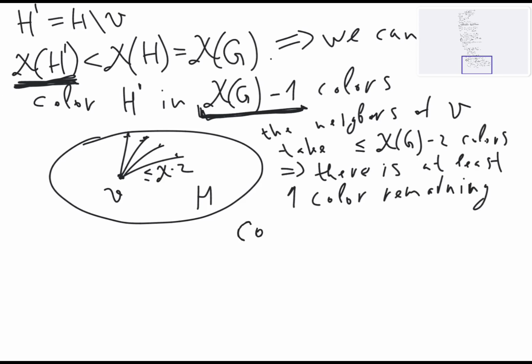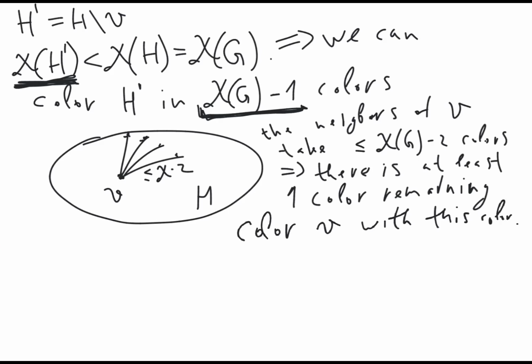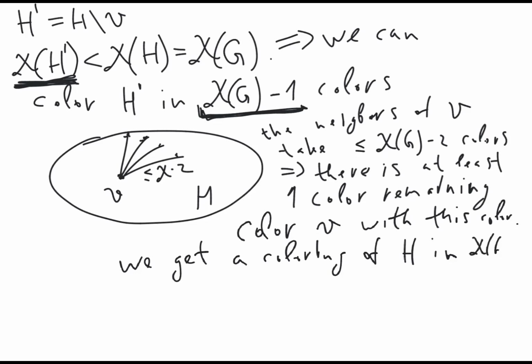So we color v with this color, and so basically we would get a coloring of H now in he of G minus 1 colors.